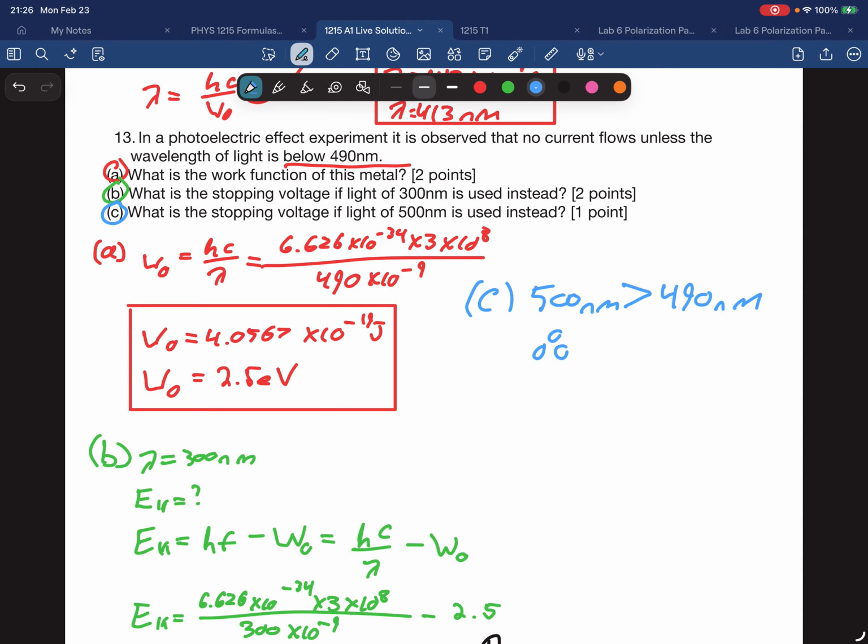So only smaller wavelengths will allow current to flow. Therefore, no current flow and/or no electrons being emitted.